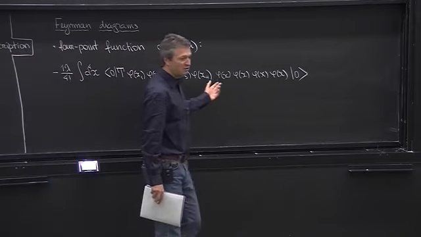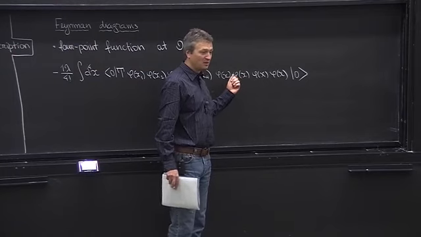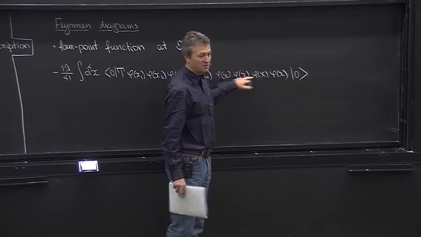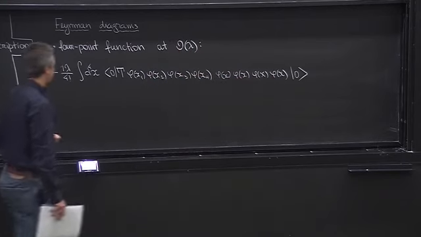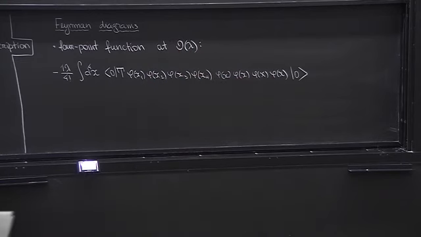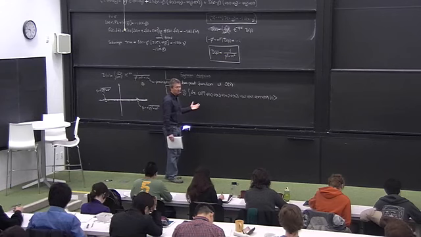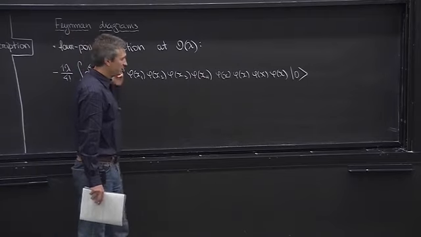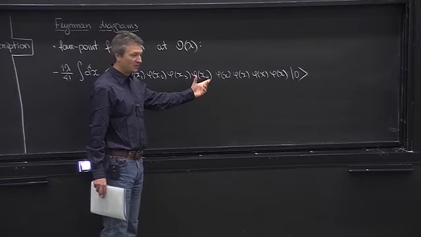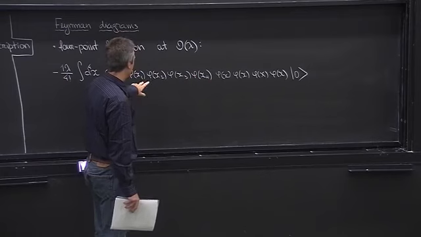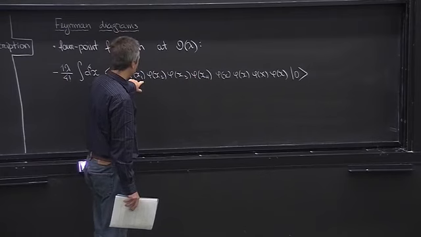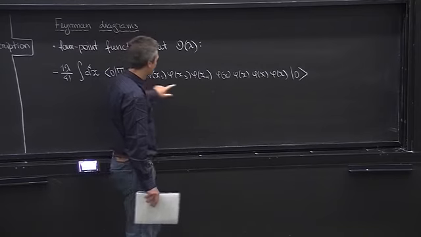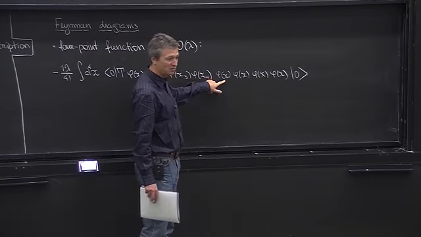But fortunately, many of these terms are just the same, because these four fields are inserted at one point, so many terms will have the same structure. In fact, if you look closer, there are only three types of structures that appear. One type appears when fields with the indices are contracted with the fields without the index.